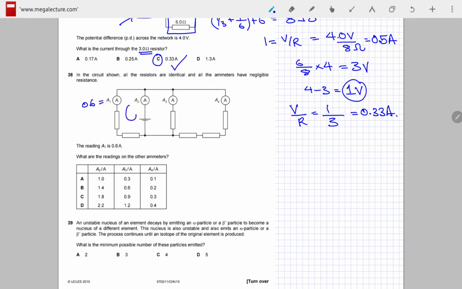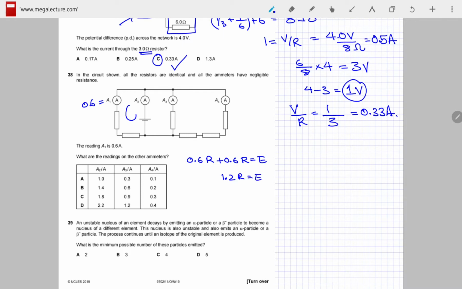Applying Kirchhoff's second law, we would have 0.6, which is I, times R, plus again 0.6 times R, equal to the EMF. This gives me 1.2 times R is equal to E.